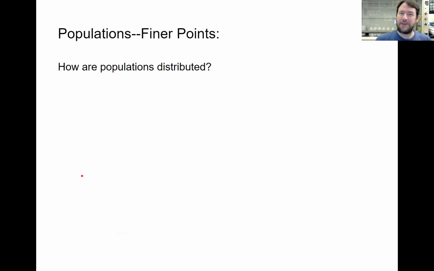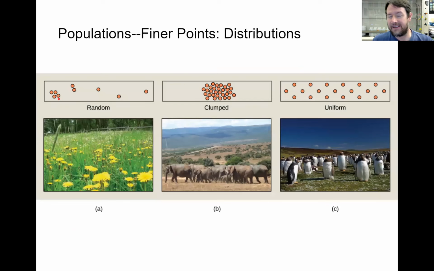Okay, so some things we didn't talk about in the lab. Well, how are these populations distributed? Well, the short answer is they can be distributed in different ways. They could be a random distribution like we would see with dandelions or other wildflowers, that just wherever those seeds happen to land, that's where the individuals are going to be.